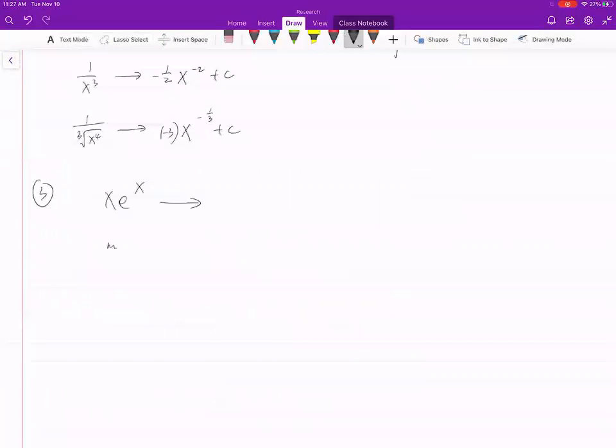So not easy, not straightforward. Can you guess what it is? Try on a paper. Try to make it happen.